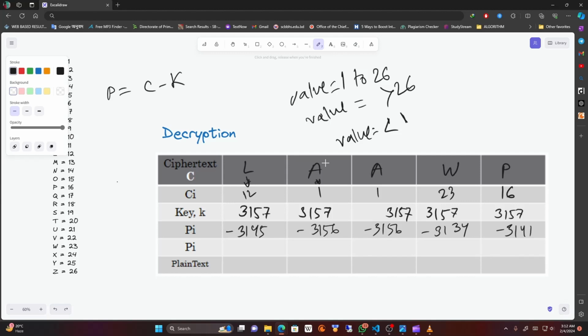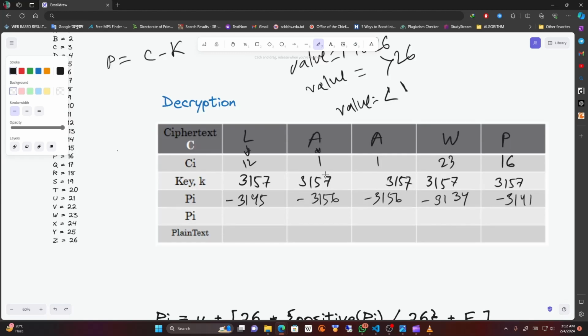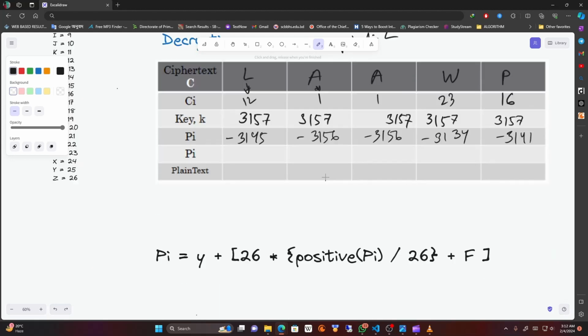In order to solve this problem, we need to use an equation where P equals y plus 26 times the positive P value. What is the positive P value? It is this value: we make the negative value positive, divide it by 26, and add f.